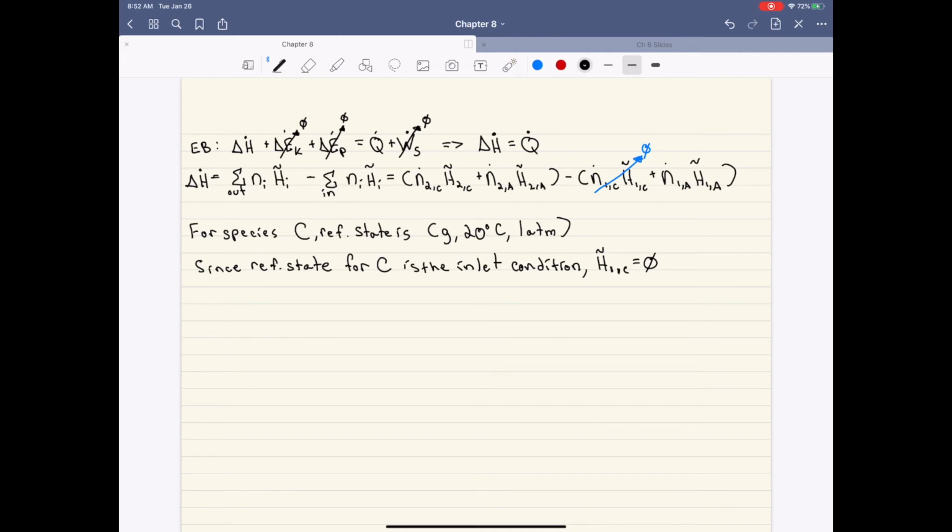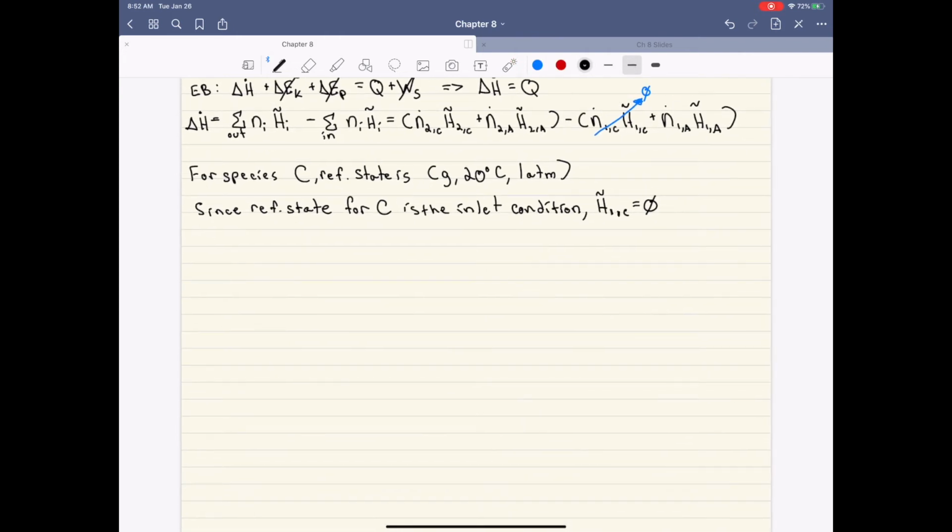So to figure that out, we're actually going to turn to the heat capacities. All right? So to get the molar enthalpy of the methane in the outstream, we're going to integrate that constant pressure heat capacity, and we can find the values or the functional form of it for methane gas in table B2.